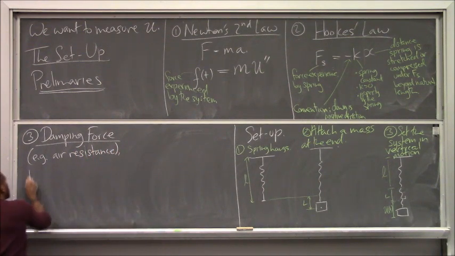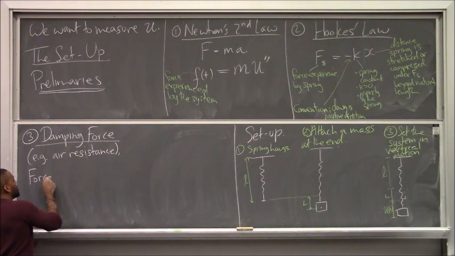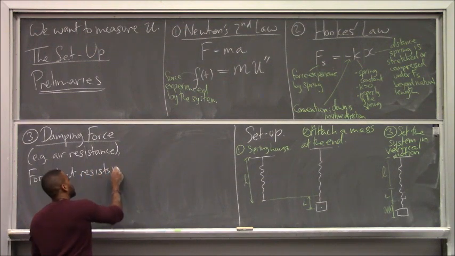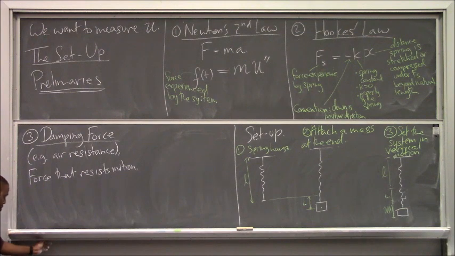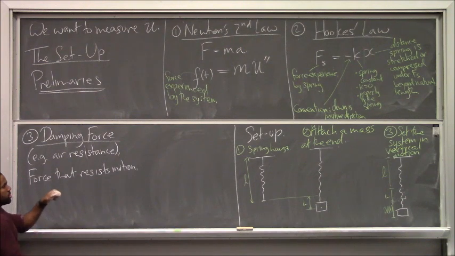This is a force that goes against motion, a force that resists motion. Some sort of friction. Usually we talk about it in a fluid. But we think of it as air resistance, or if the spring system is in some sort of fluid, the resistance given by the fluid.